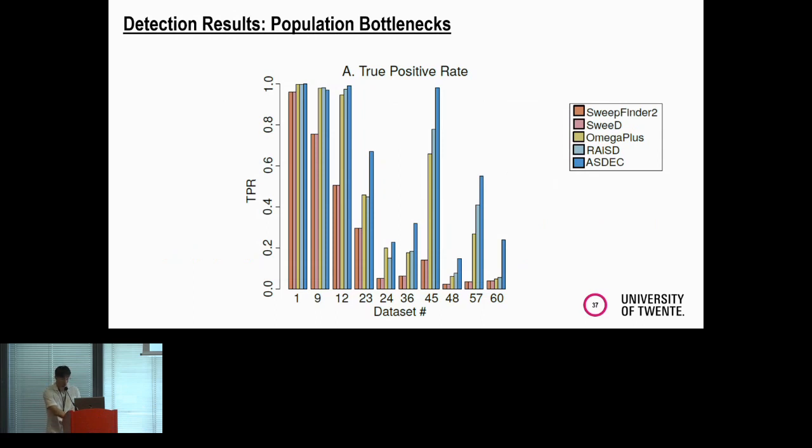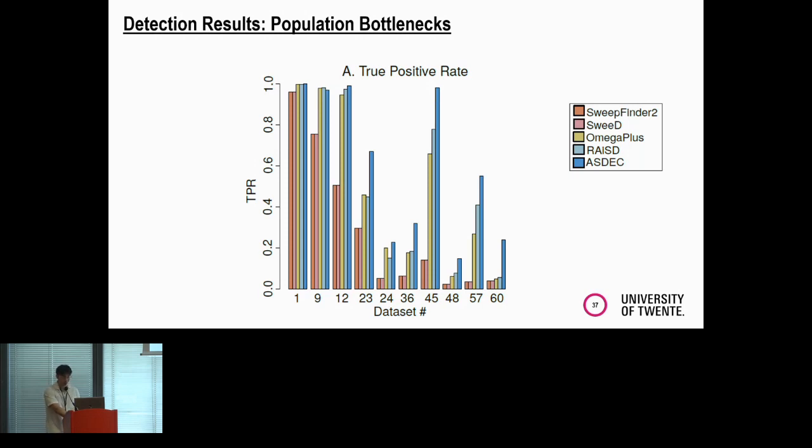The above shows the performance comparison for classification, and here we evaluate the detection ability of SDAC. This slide shows the true positive rate comparison of SDAC with other four detection tools for population bottlenecks.